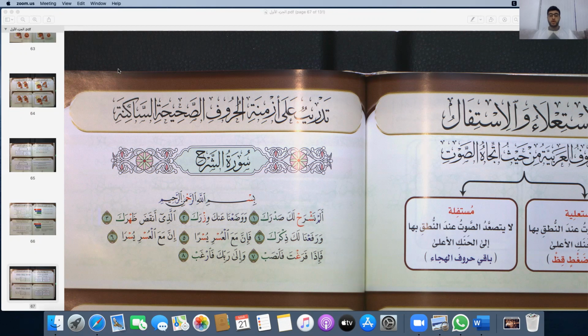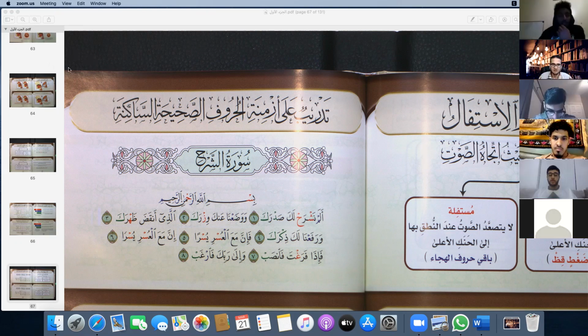Very good. ورفعنا لك ذكرك. فإن مع العسر يسرا. فإذا فرغت فانصب وإلى ربك فارغب.